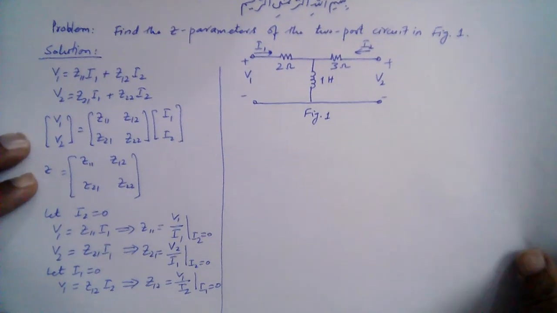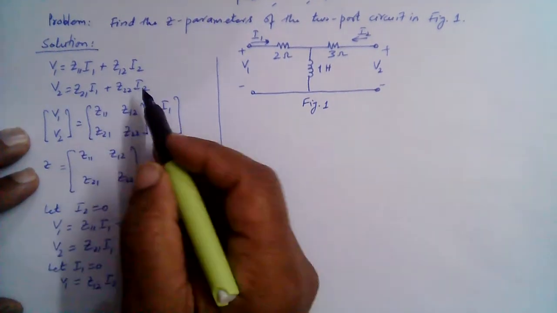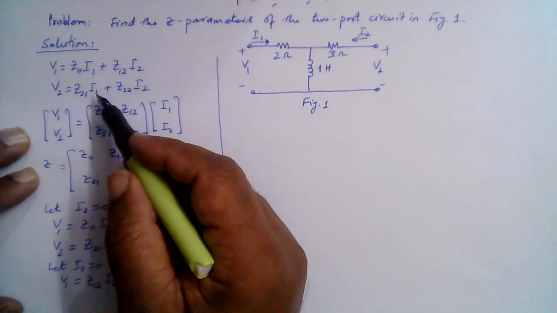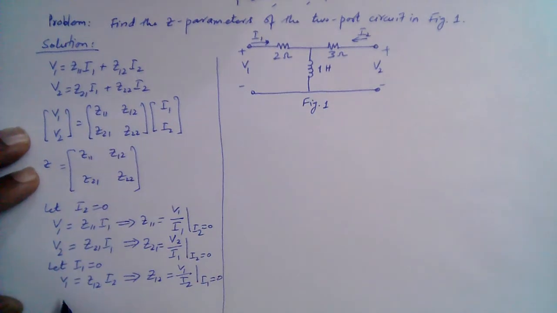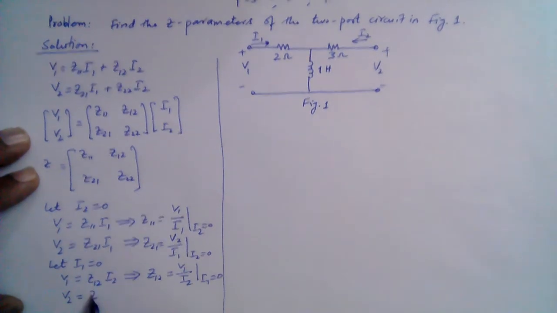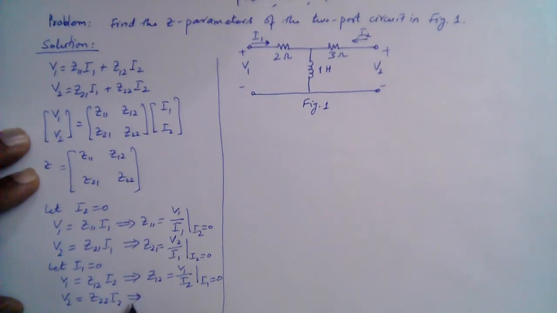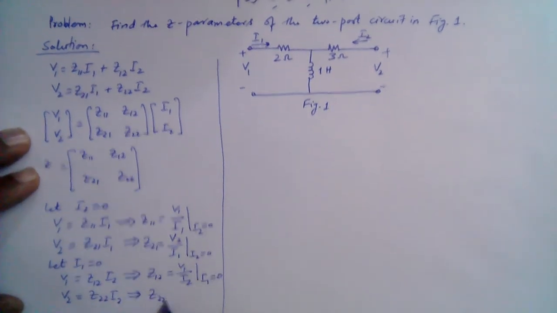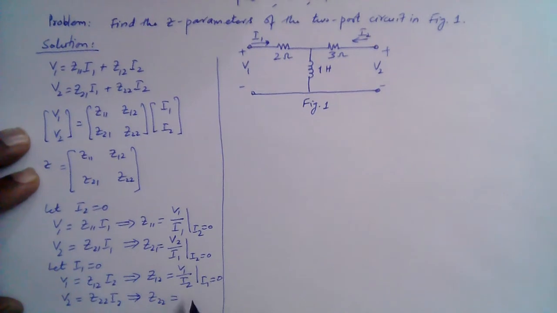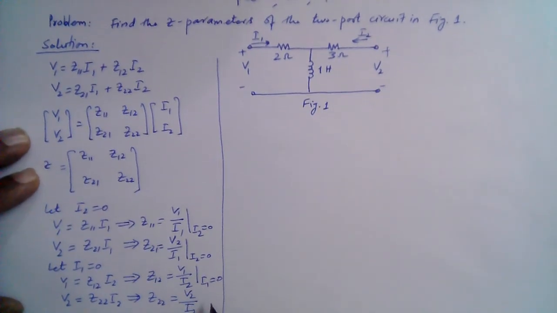And in this case, when I1 is equal to 0, we have V2 is equal to Z22 I2, and that means Z22 is equal to V2 divided by I2 while I1 is equal to 0.